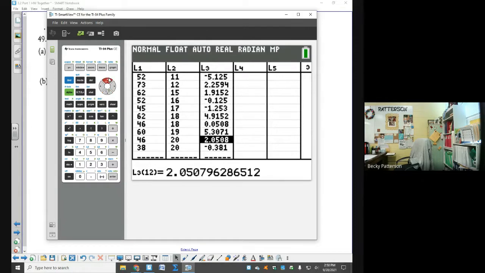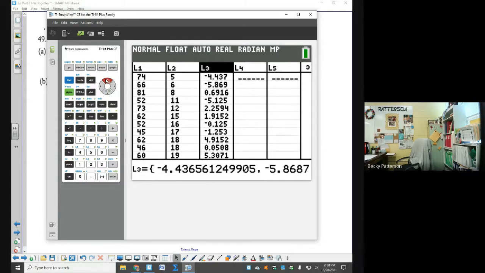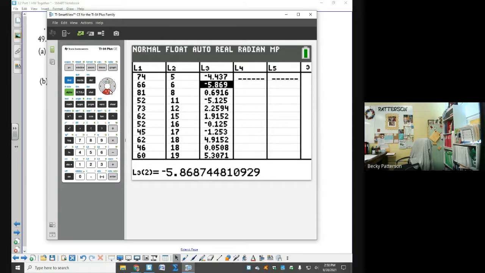Can y'all beat that one? Y'all see anything above a 5.3? There's a negative 5.869. Oh, Jesus. I missed him. Oh, it's right there at the top. I totally overlooked him. Okay, so there is my biggest residual. It is negative.